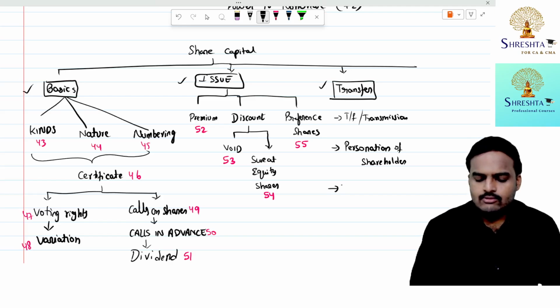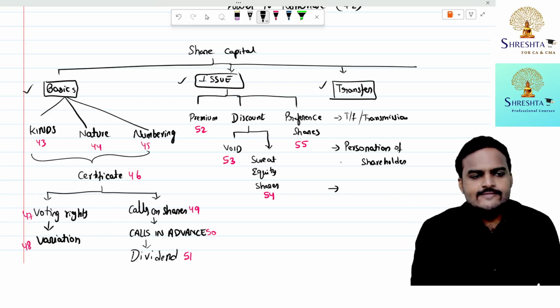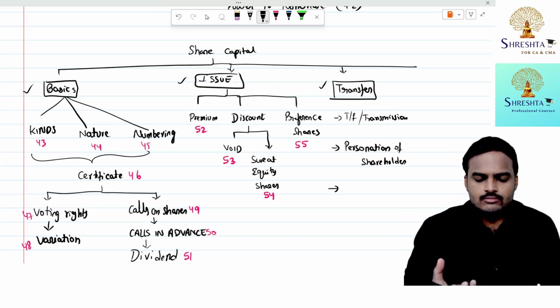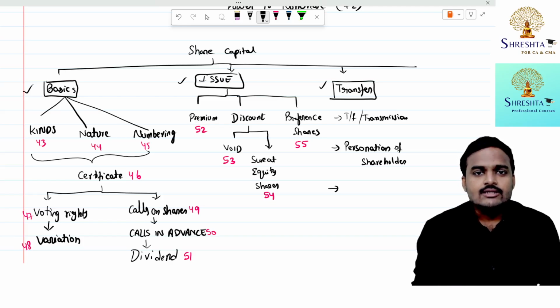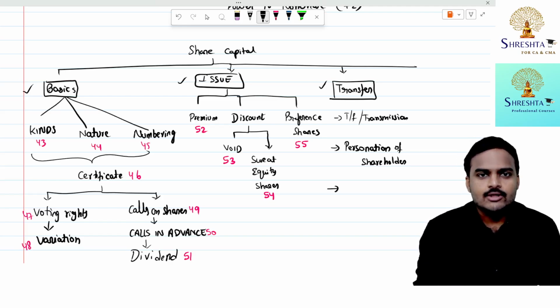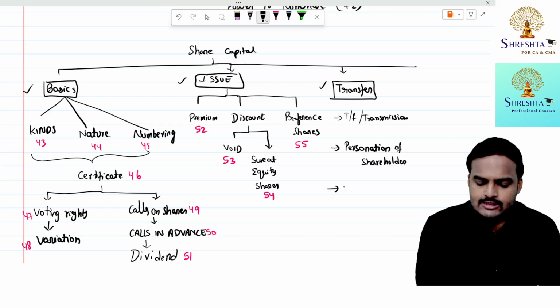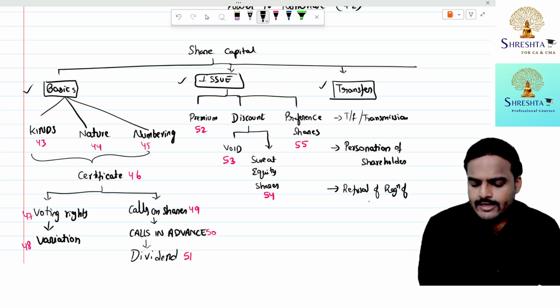Okay. Next one, with respect to transfer, if the company refuses to register the transfer of securities or transmission of securities, then what are the remedies available to the aggrieved party? That's the next topic, next section. Clear? So the next section is refusal of registration of transfer.